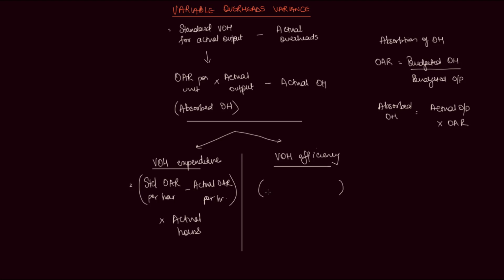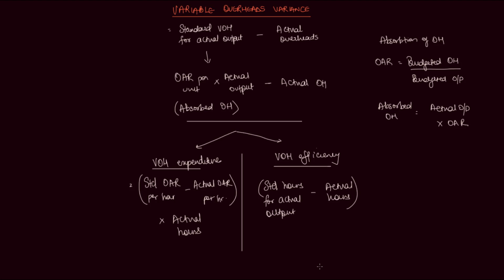So in my brackets, I'm going to say standard hours required for actual output minus actual hours taken by the workers. So it is very clear that this will tell us about the efficiency.